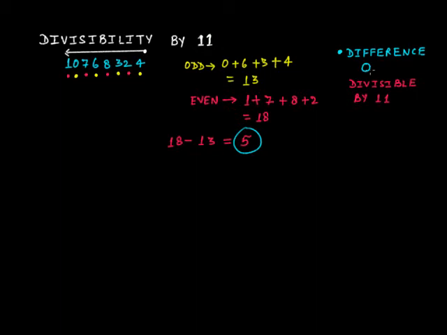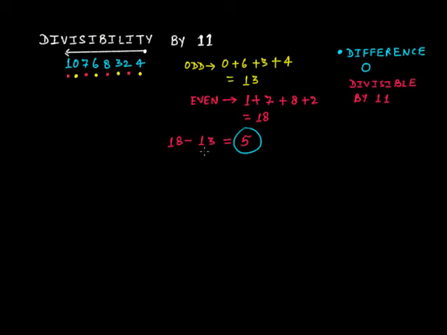If the difference is 0, then this number itself will be divisible by 11. And if that difference is divisible by 11, even in that case, the number will be divisible by 11. But if neither of these two cases is met, then you'll say that no, this number is not divisible by 11. I hope the point is clear now.